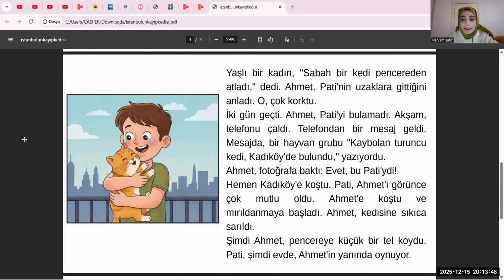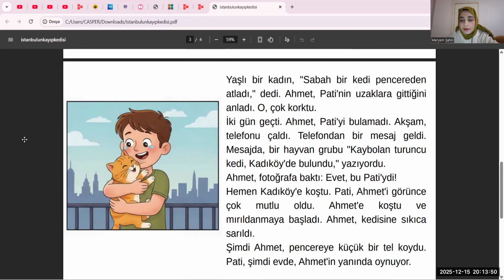Yaşlı bir kadın. Yaşlı means old. Bir, an. Kadın, woman or lady we can say. So an old woman. Sabah, morning. Bir kedi, a cat. Pencere, window.